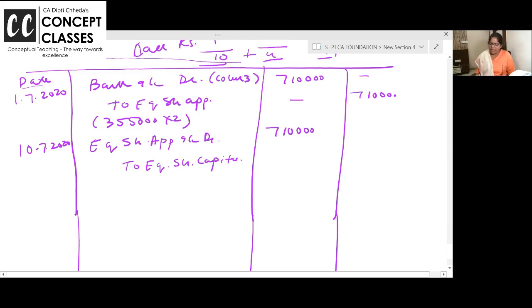Bank to equity share application to capital, but in capital you will credit 1 lakh shares into 2. Correct or not? Though 355 applications are received, how many shares are you allotting? 1 lakh. So 1 lakh into 2.